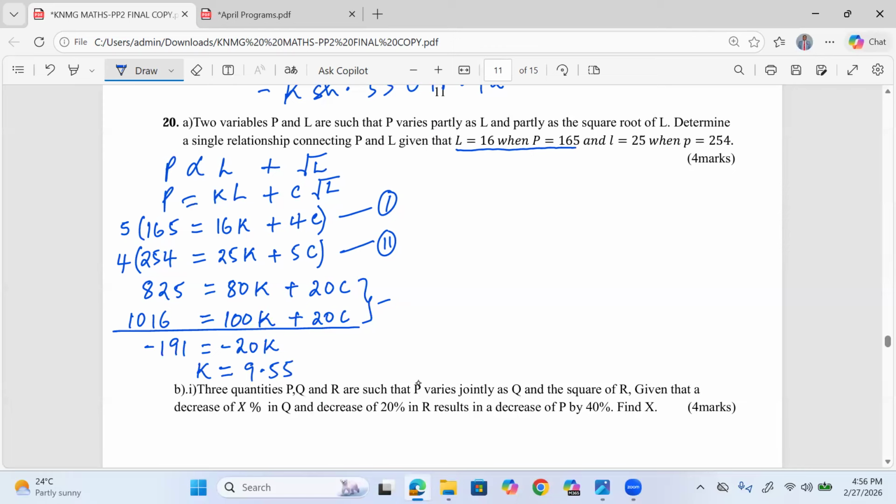9.55. Now with 9.55 as the value of K, we can find the value of C by using any of the equations. I prefer using equation 1, 165 being equal to 16, the value of K, plus 4, the value of C. Can we remain with 4, the value of C there?